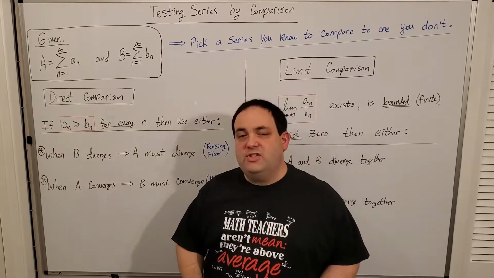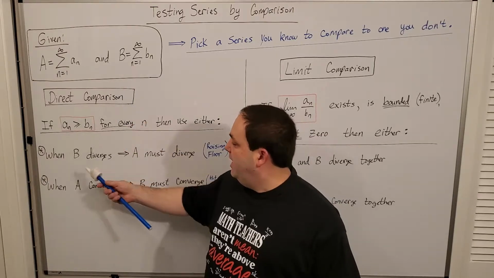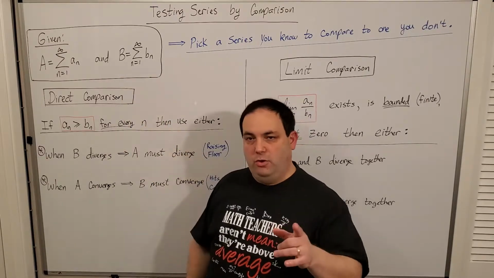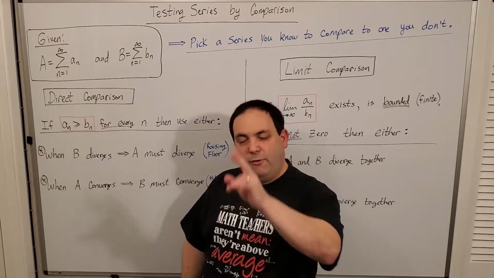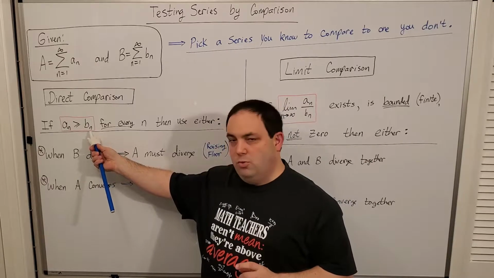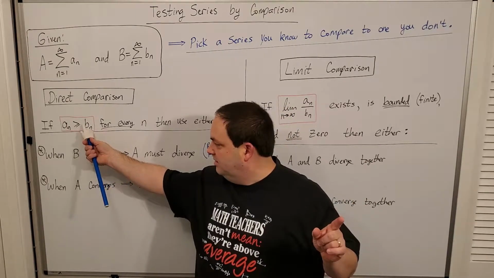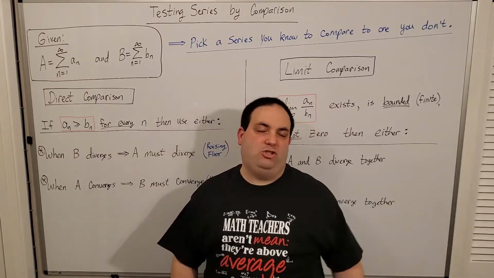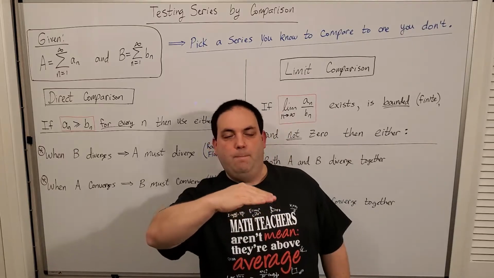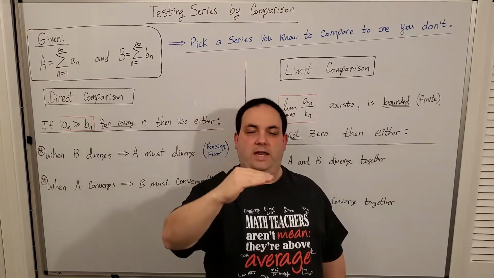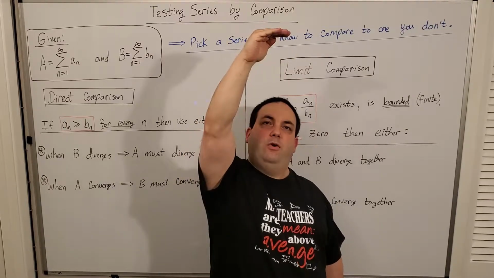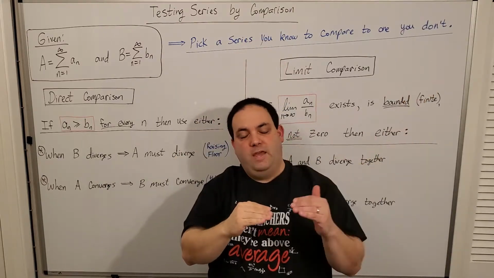If I have some series B sub n, and I know for a fact that this B diverges, but for every single individual term, the B value at each term is less than the A value at each term, then what that means is I've got B going off to infinity at each level. It's just going to keep stacking up and stacking up. It's going to be infinite. It's going to diverge.